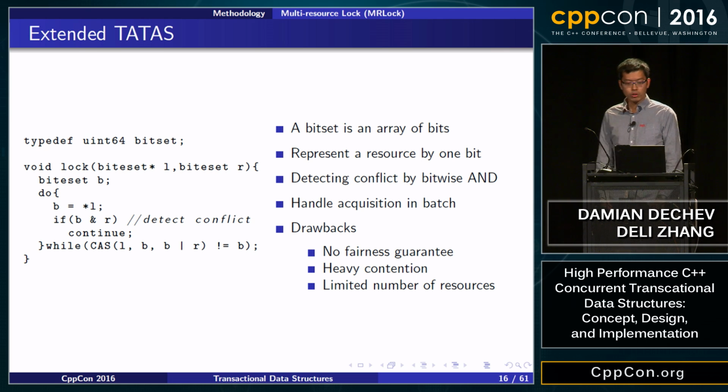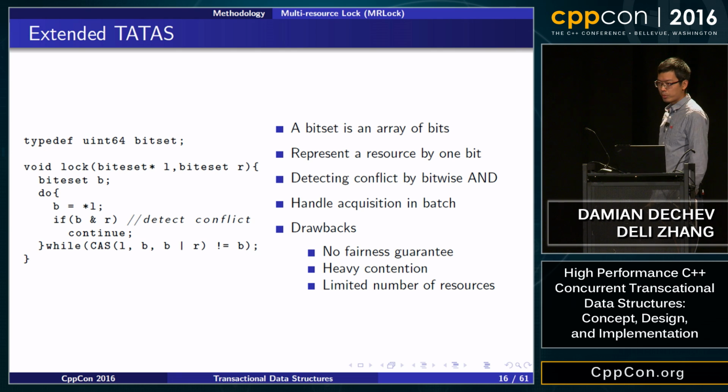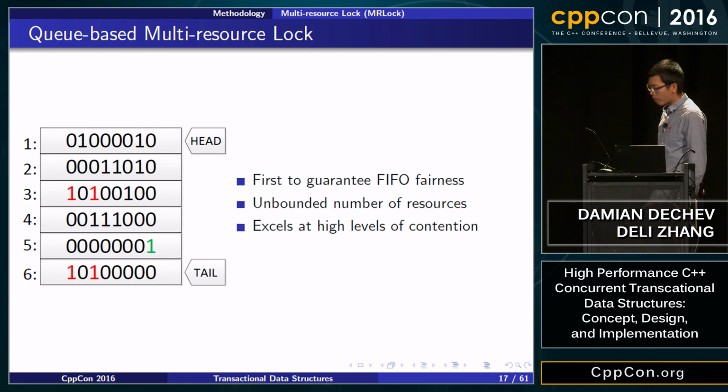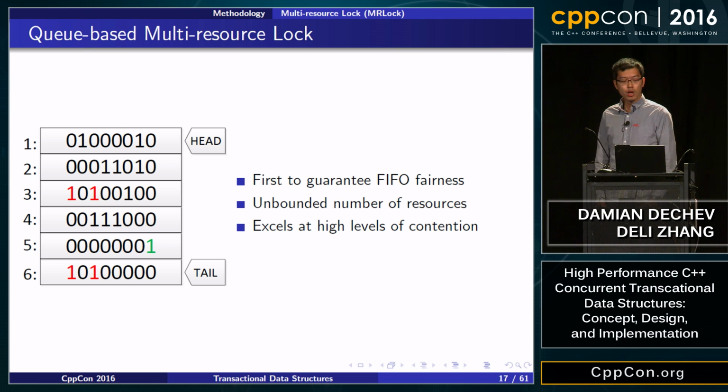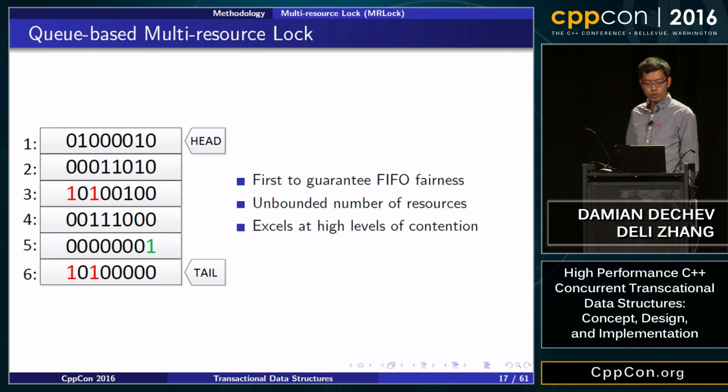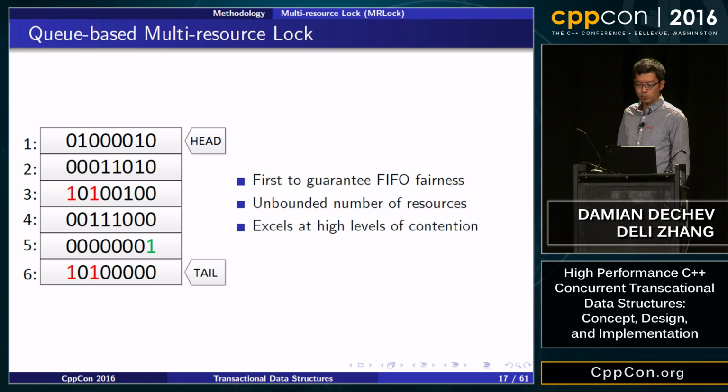Most importantly, it only supports a limited number of resources, because on a 64-bit system, you can only CAS 64 bits at the same time. Now, in the MRLock, we introduce an array-based lock-free FIFO queue to replace the single memory location, so that each thread is now allocated a cell to write its resource request.